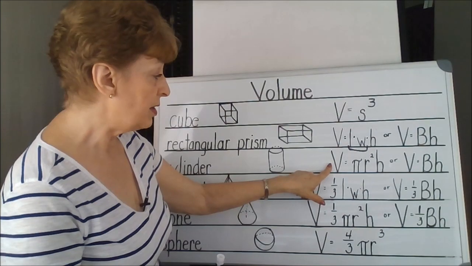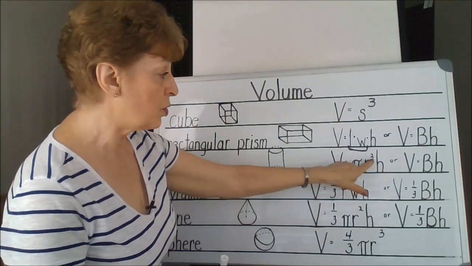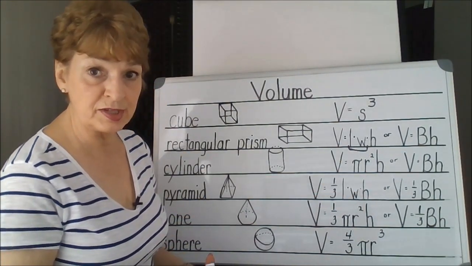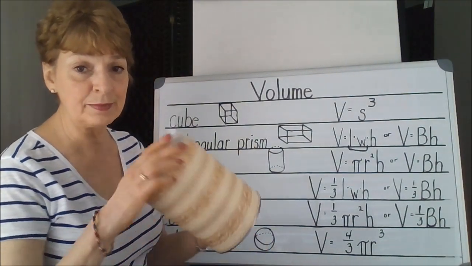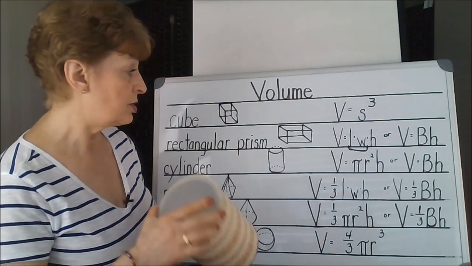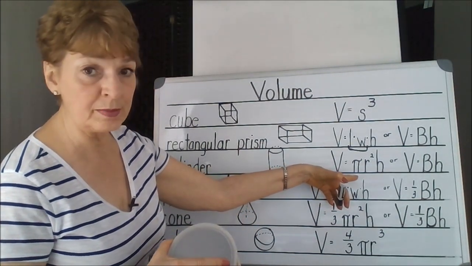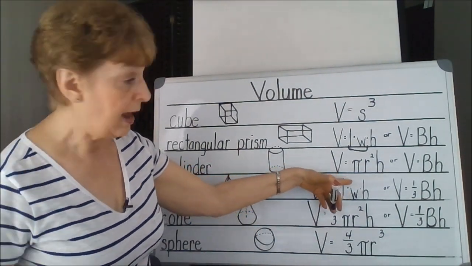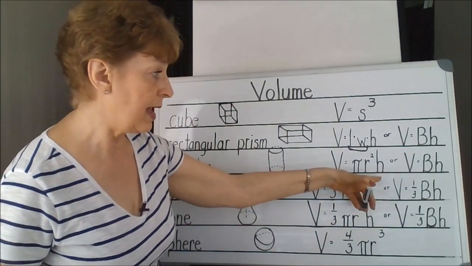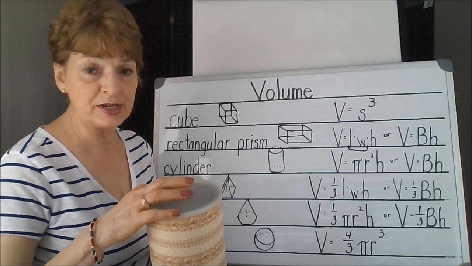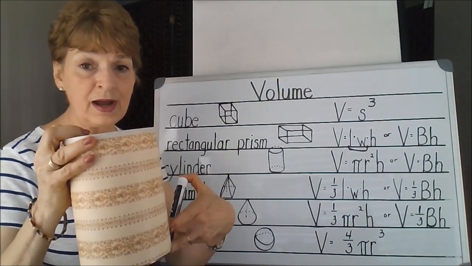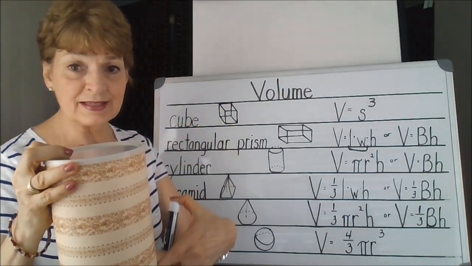That would be volume is equal to pi r squared. That's because we're working with circles for the top. The top of our can and the bottom are circles. So we're going to use the area formula, pi r squared, and then multiply it times the height. Because once we know what the circle measures, then we have to know how much we can fill in this, the height of it.